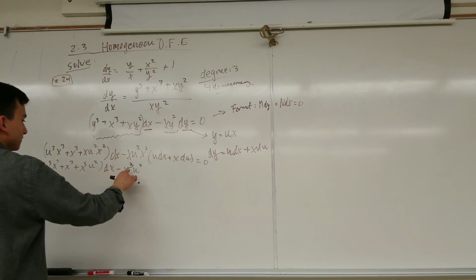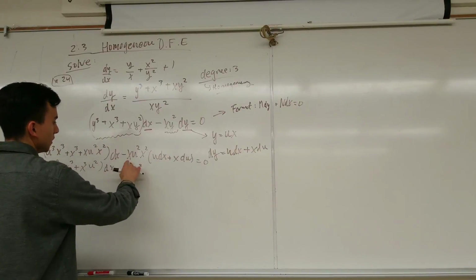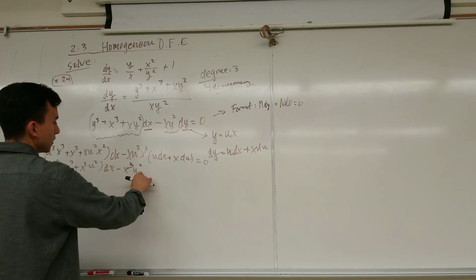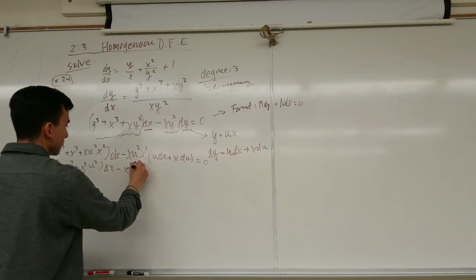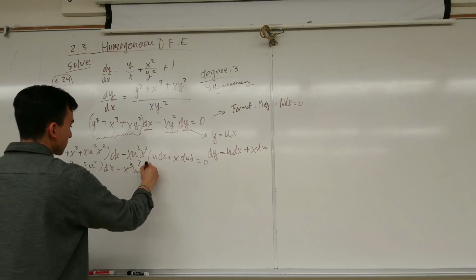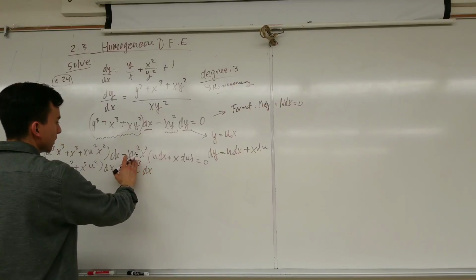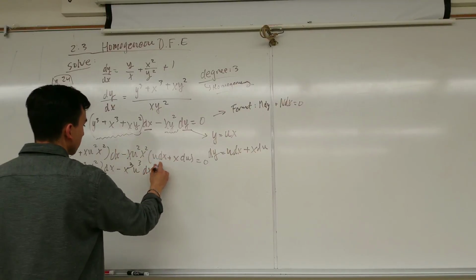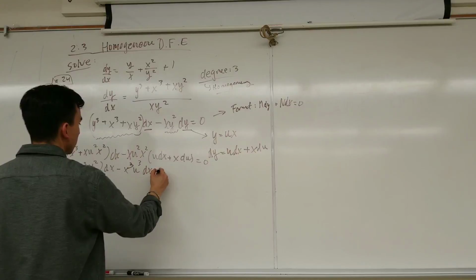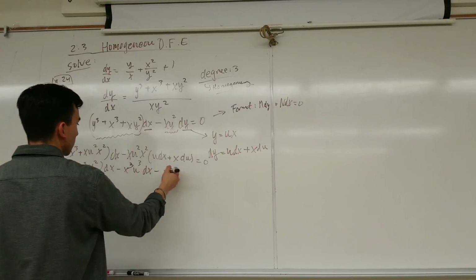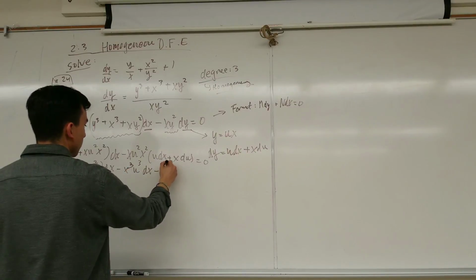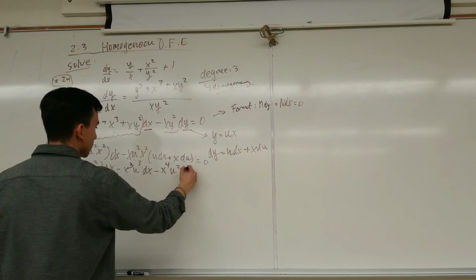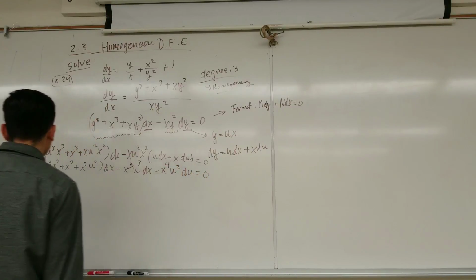We have x cubed dx. If I multiply that over there, I'm going to get minus x to the 4 u squared du equal to 0.